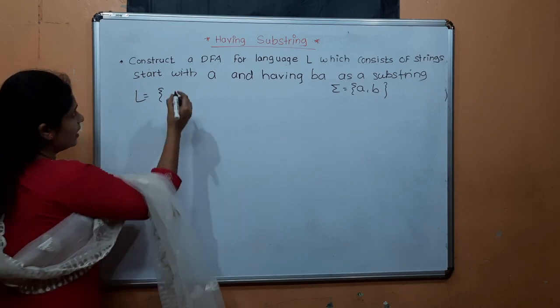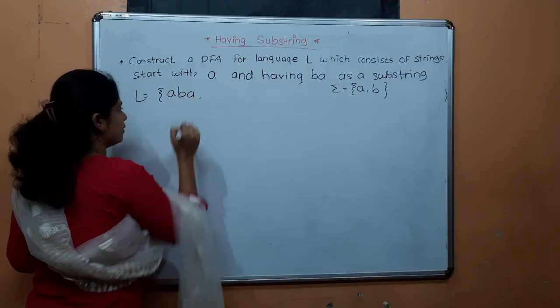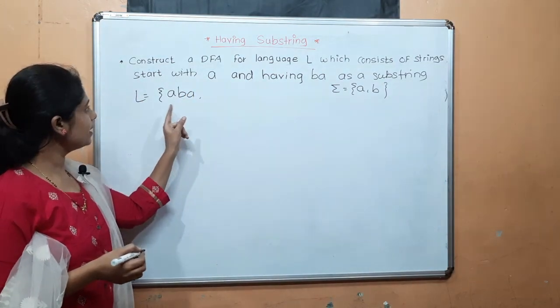String starts with A and the condition is that it has BA. So the smallest possible string will be ABA.